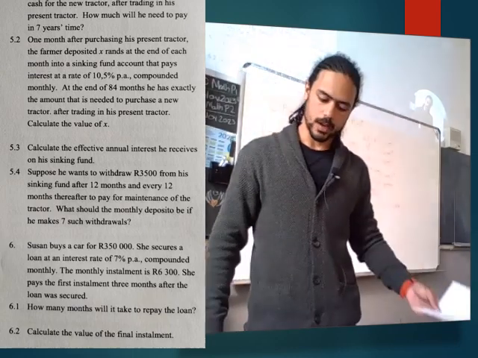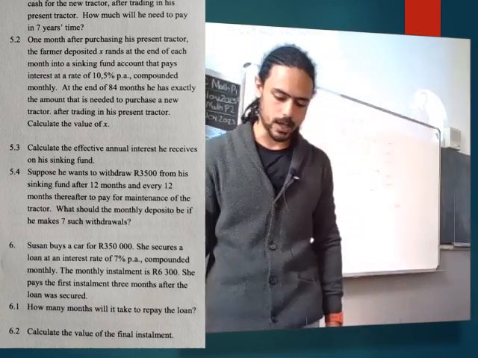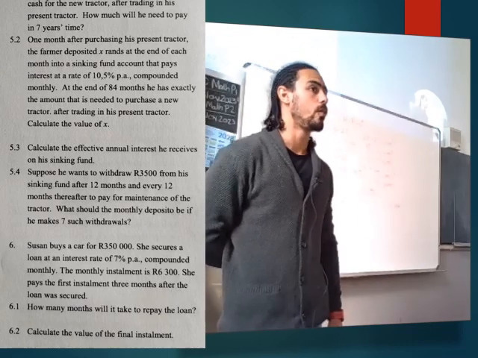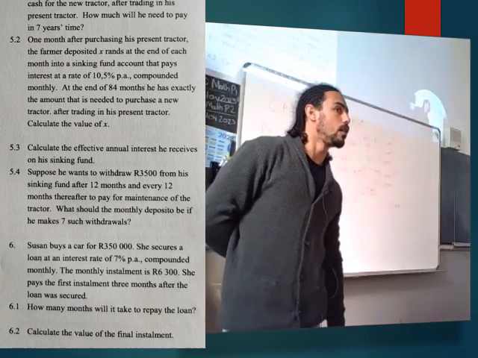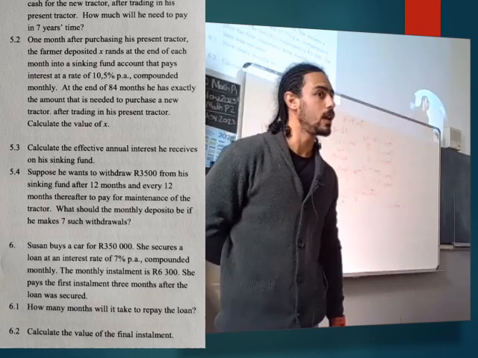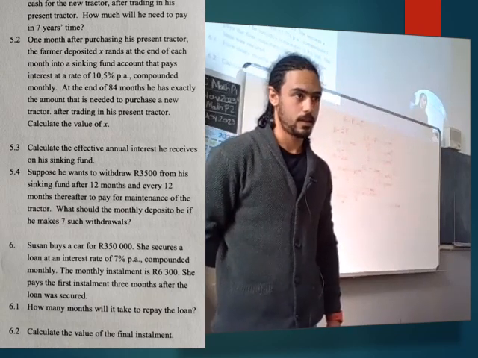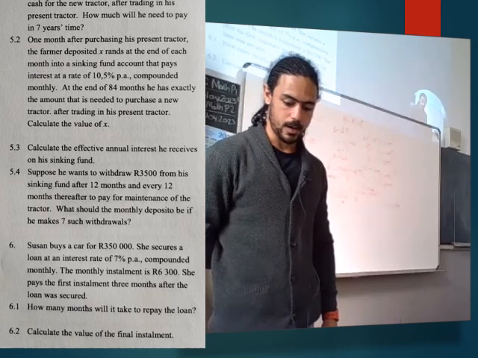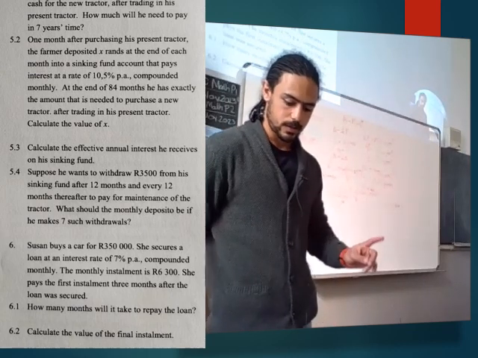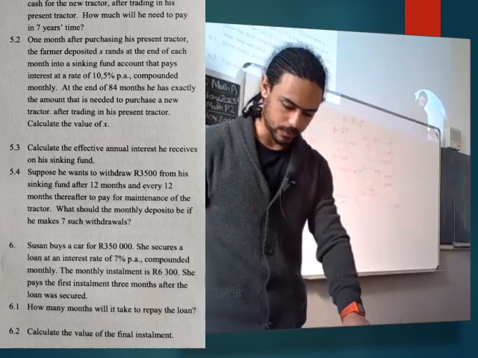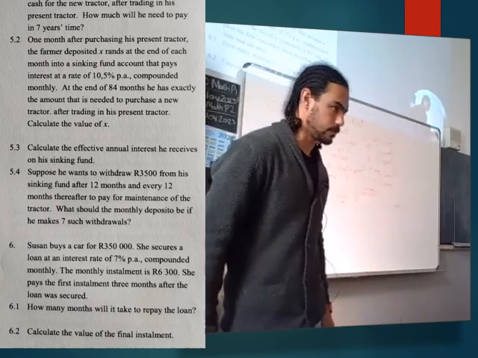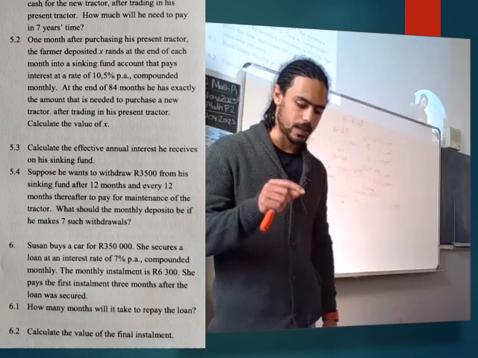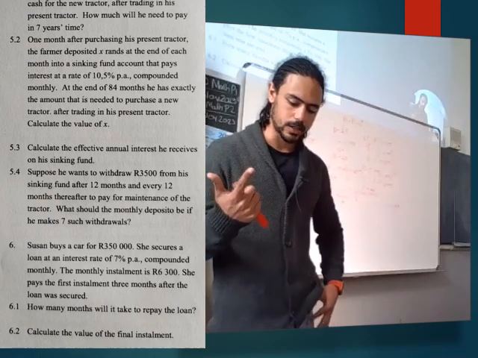What we're going to do there, we're going to use our conversion formula. So what is the interest that we are given? 10.5. Now they want us to calculate. All right.